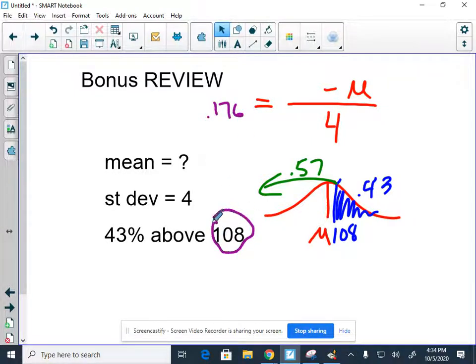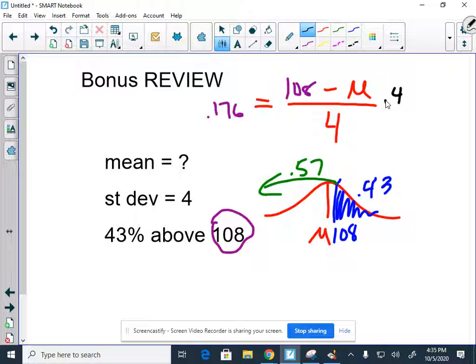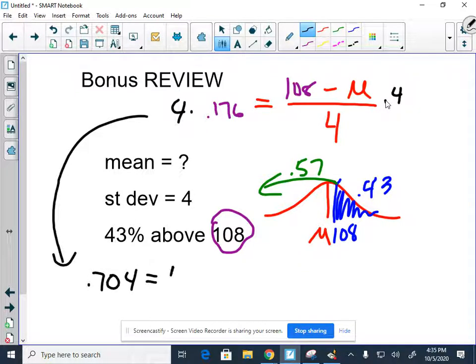And the 108 is my value of x, so that goes in here. Now I'm going to do a little algebra to solve that. In solving that, I would multiply by 4. I think that's 0.704 equals 108 minus the mean.